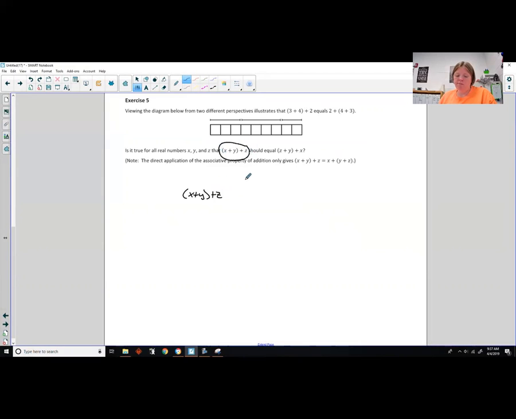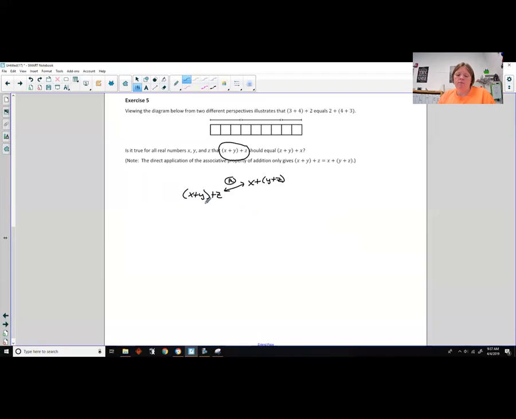That's right here. Now, it is equivalent by the associative property that I can move the parentheses. So I'd get x plus y plus z. The other thing that changed was the parentheses, and I'm going to mark that with an A.